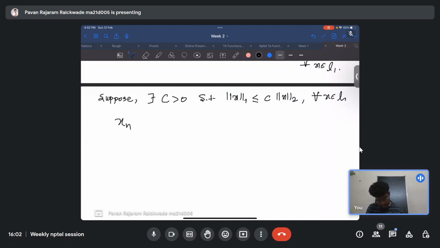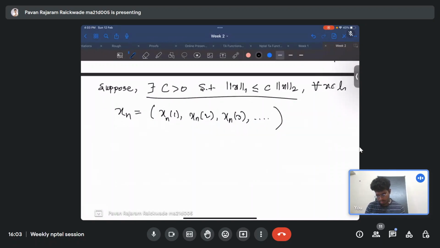So what about this? Consider xn. Now this time xn is a sequence of sequences, so this is xn of 1, then xn of 2, xn of 3, like this. I'm trying to create an example for this contradiction. Define xn as 1, then 1 by 2, then 1 by 3 up till 1 by n, and then 0.